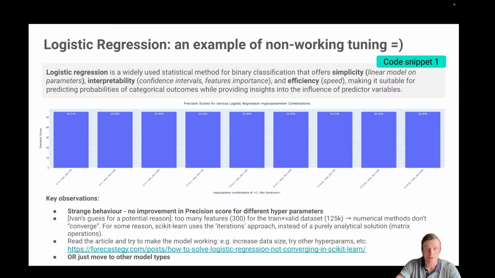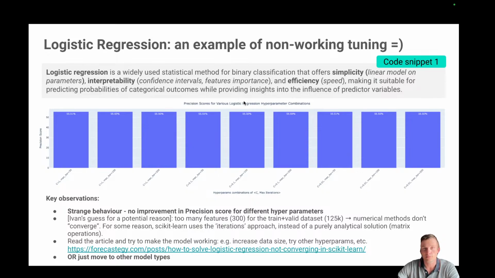So first I want to show my example of a non-working tuning. This is hard. You may not know why it's not working. Logistic regression, usually it's the first model of choice when you have a binary or classification model. And why is it the first model of choice?